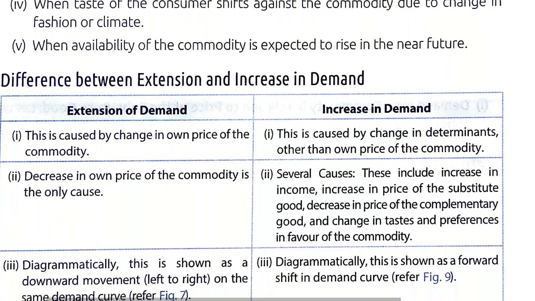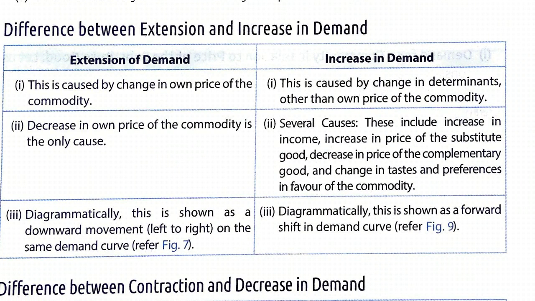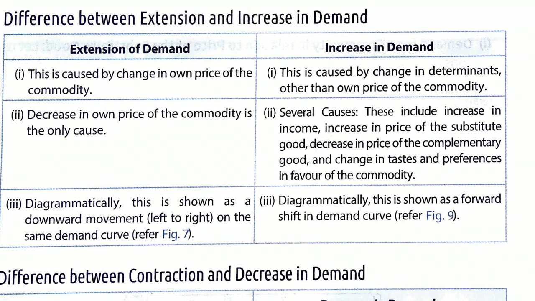So with this we come to the difference between extension of demand and increase in demand. We discussed that extension of demand is due to a change in price. Whenever the quantity demanded of a commodity increases due to a change in price, or a fall in price, it is called extension or expansion of demand.